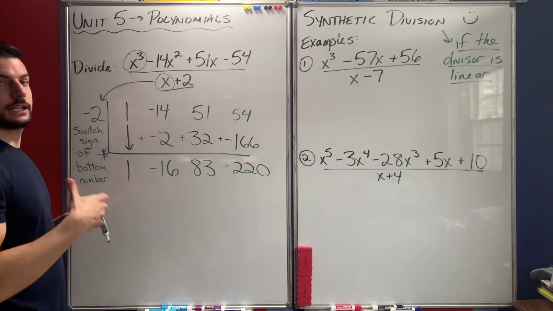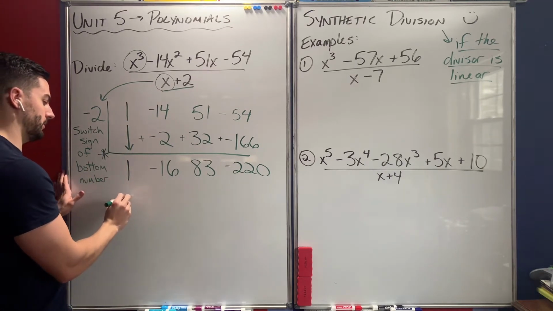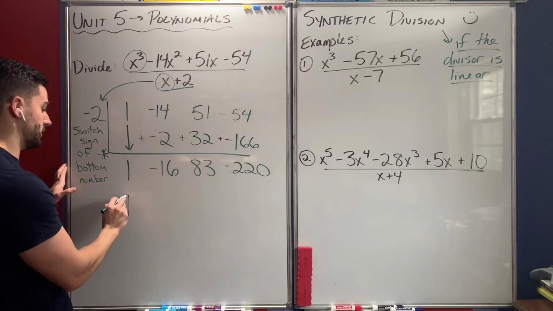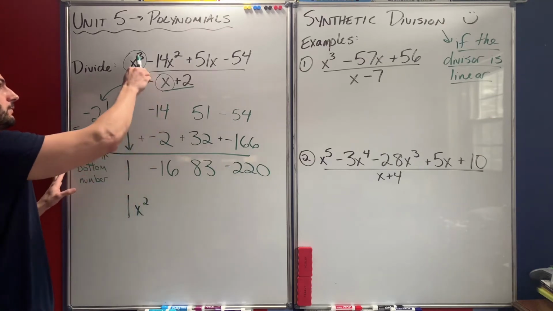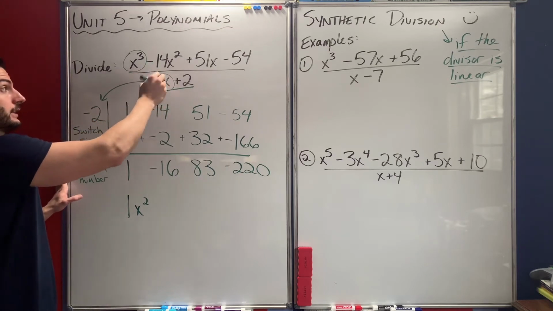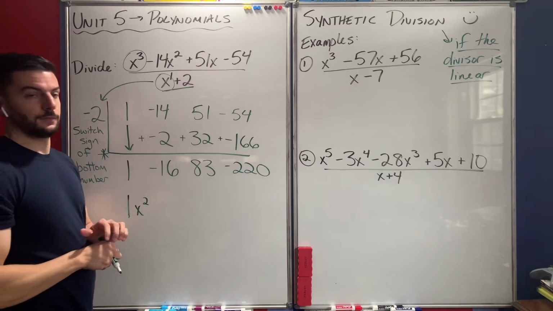So that determines what this value is going to be right here. So this is going to be 1, and these are all also going to be coefficients. So it's going to be 1x squared. The highest exponent, I divided by x to the first, so I can subtract those exponents, 3 minus 1 to get 2 here.